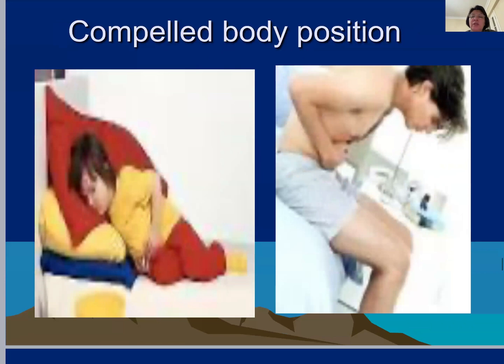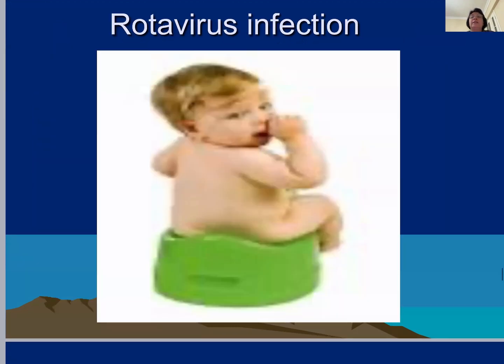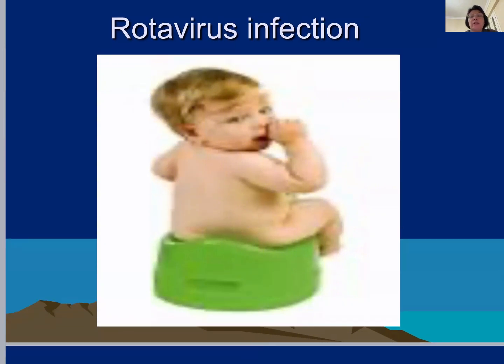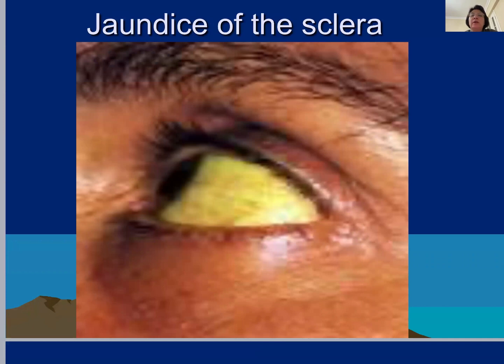Compelled body position in children with pain syndrome. Next syndrome, diarrhea, very common in babies. Next, jaundice of the sclera, a sign of liver and gallbladder diseases.